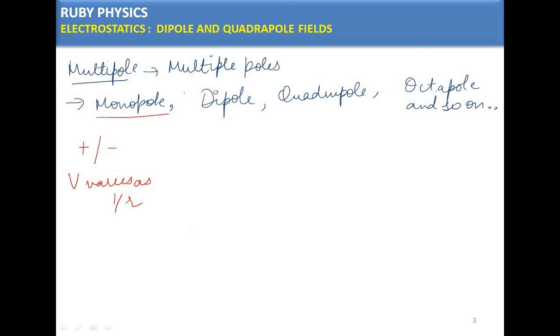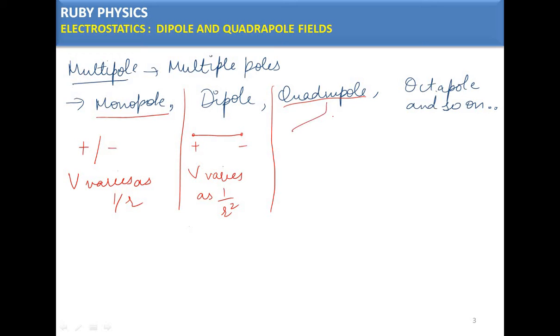A dipole consists of two types of charges, a positive and a negative charge, and for the dipole the potential varies as 1 upon r square. Then we come to the quadrupole.